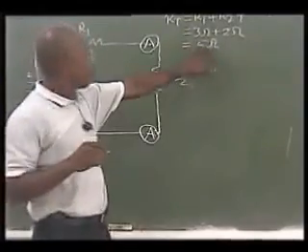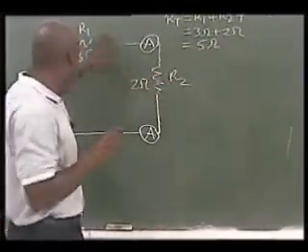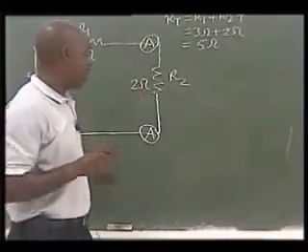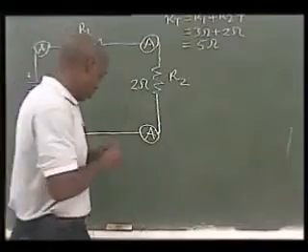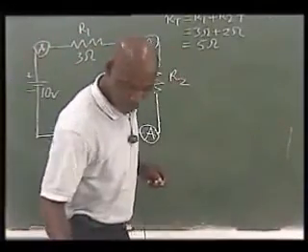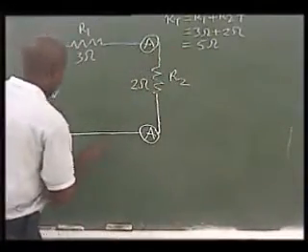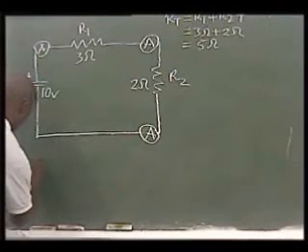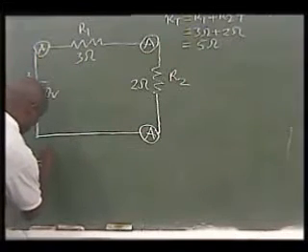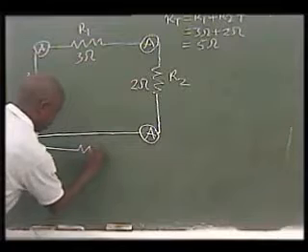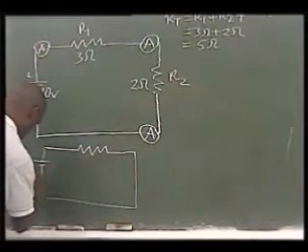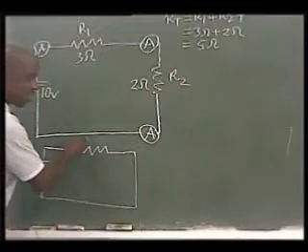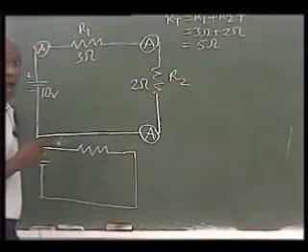Now that we have found the total resistance for the whole circuit, I want to go ahead and redraw our original circuit. I repeat the source or the battery. I redraw a resistor, but this time I don't call the resistor R1 or R2.